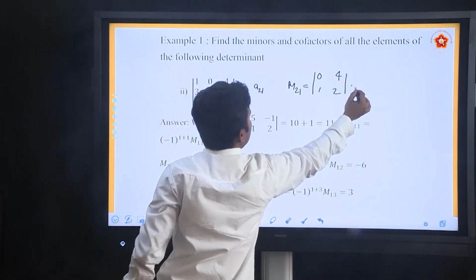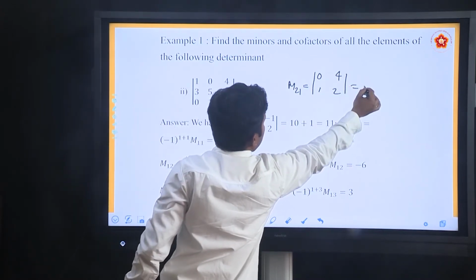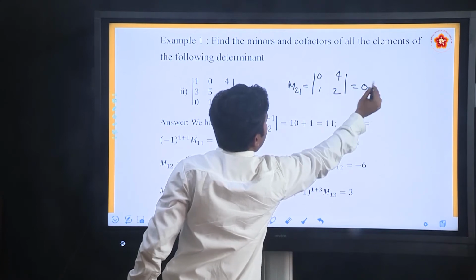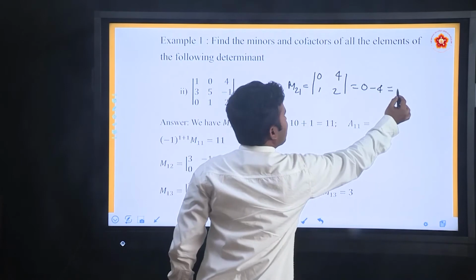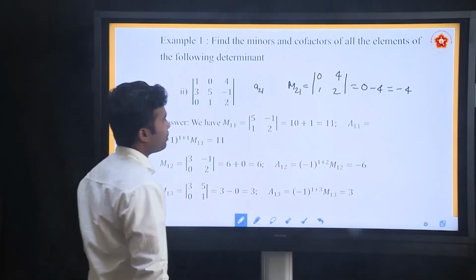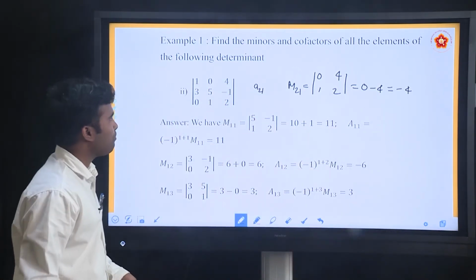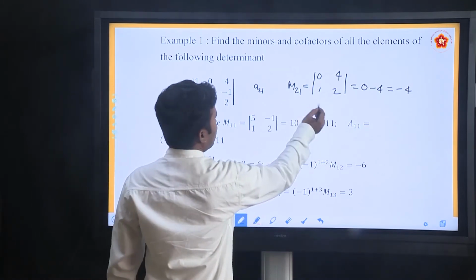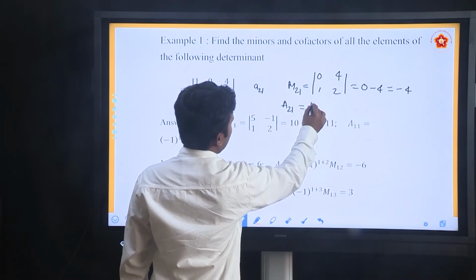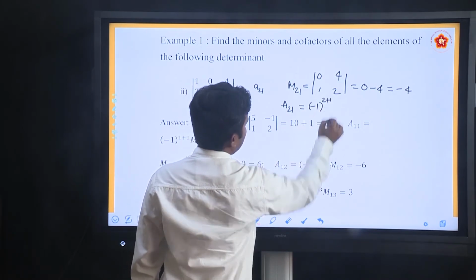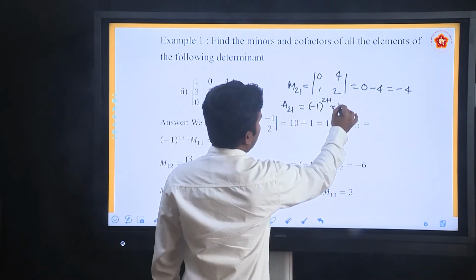What is this? 0 into 2 is 0, minus 4 into 1 is 4. So, this is minus 4. I am writing this in the next slide, you are going to see how to find m21. Minus 4, and what is the corresponding cofactor? a21 is nothing but minus 1 to the power 2 plus 1 into m21.